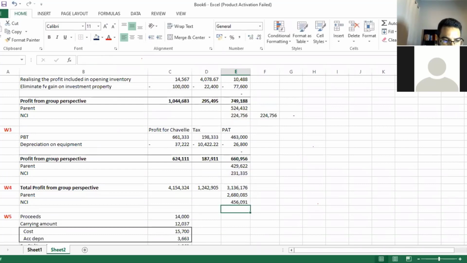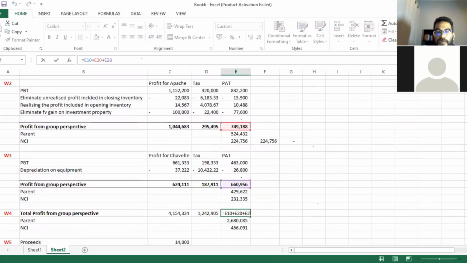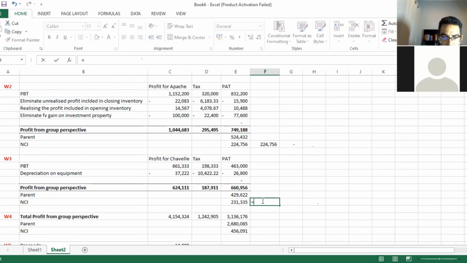So if we split over here, basically NCI's portion, we just want to check quickly something. I think I got the right percentages, 65 and 70. So I'm going to check quickly if I say that multiplied by 35%.